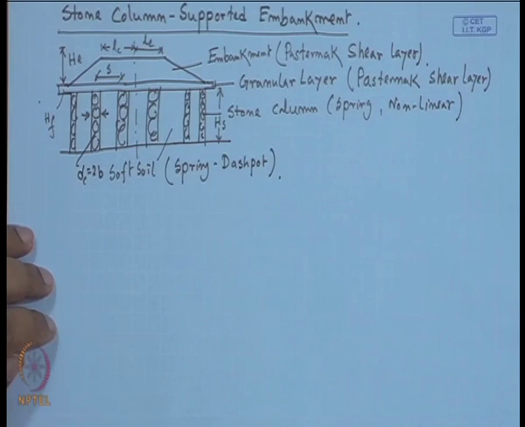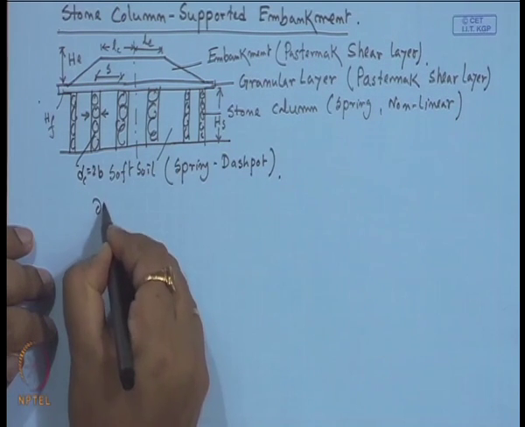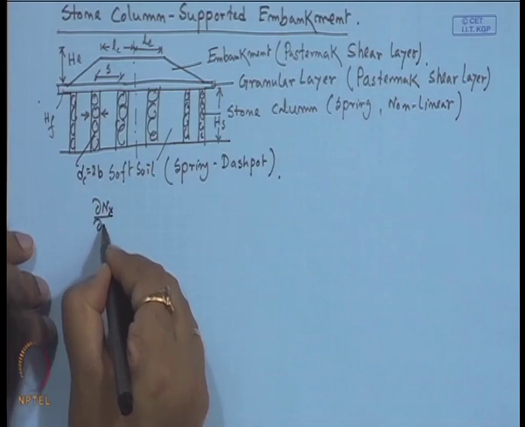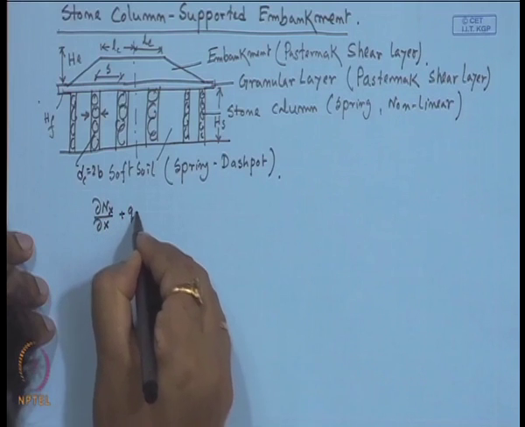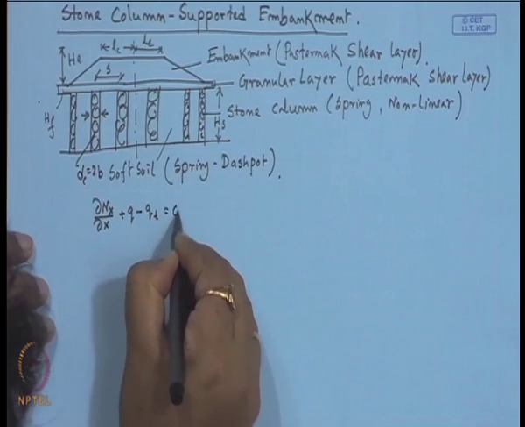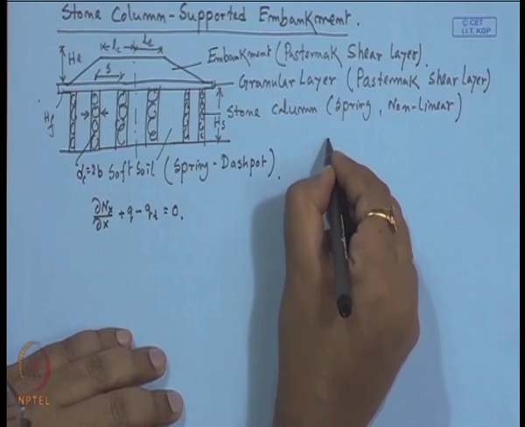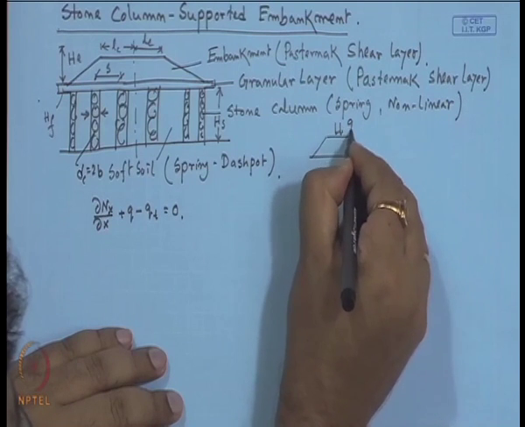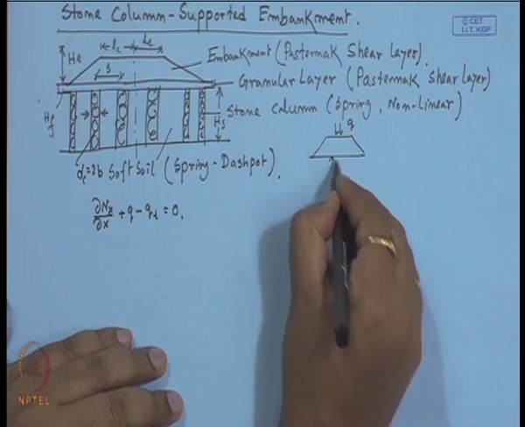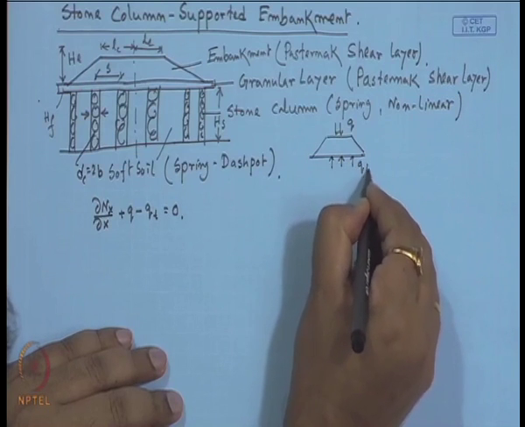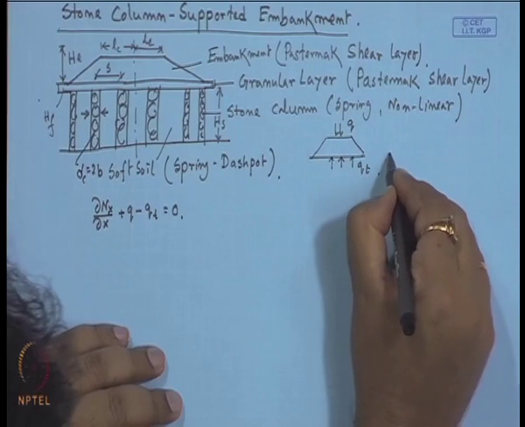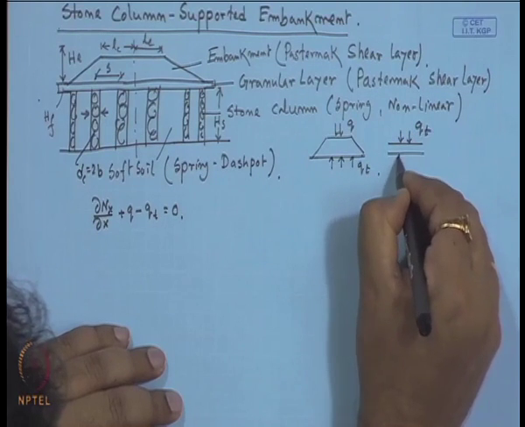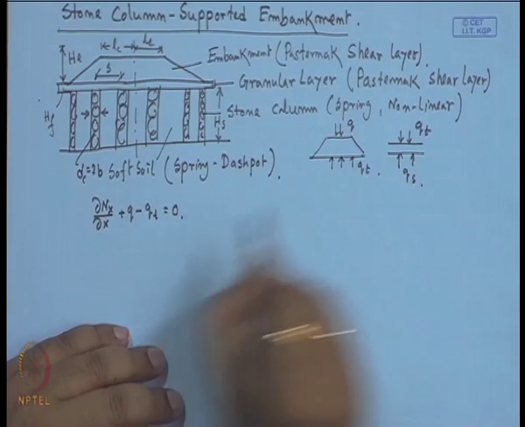Last class it was derived that for the shear, d N x by d x plus q minus q t is 0. Now, q t means in the embankment: if at the top it is q, then at the bottom the reaction is q t. Similarly, for the granular layer, on the top it is q t and in the bottom it is q s.